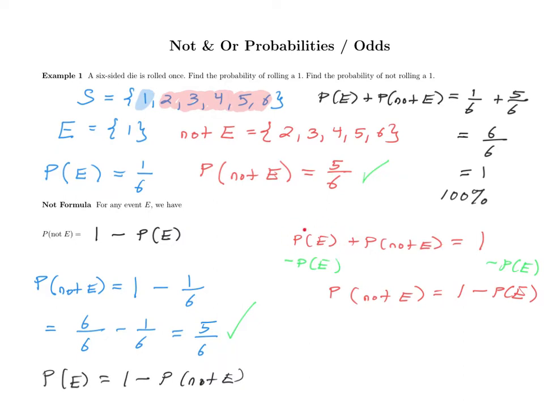You don't subtract this from both sides, you subtract this to the other side, meaning it will be on this side of the equation. So we actually have two formulas. There's this one, and there is this one here. The thing to keep in mind is what this formula is saying is the probability of not E and the probability of E add up to 100% of what can happen.